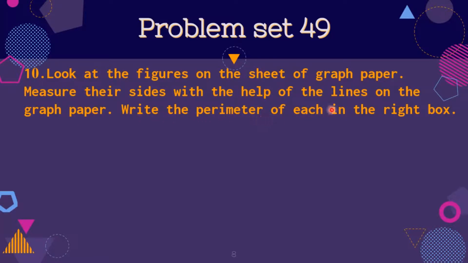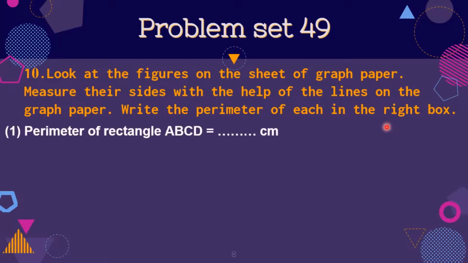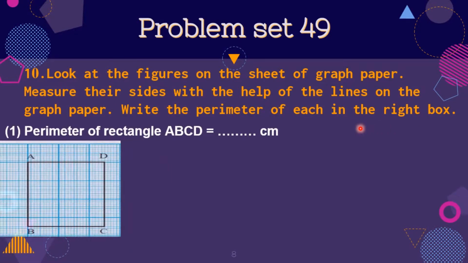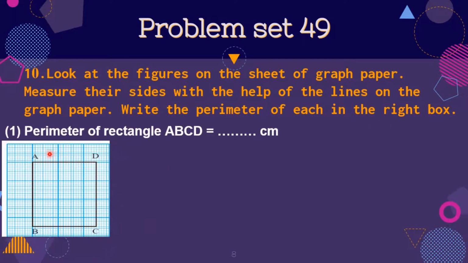So here we have a rectangle ABCD, and we have to find out the perimeter of this rectangle. So first let us find out its length and breadth with the help of the lines on the graph paper.